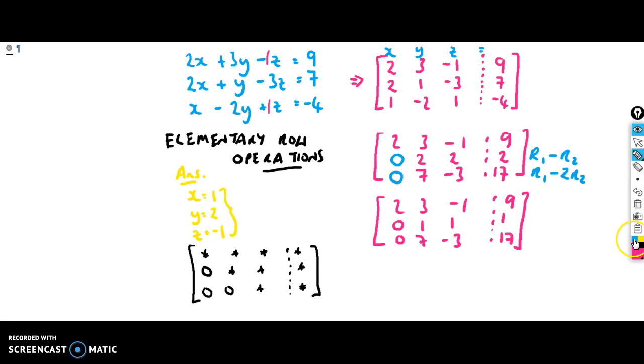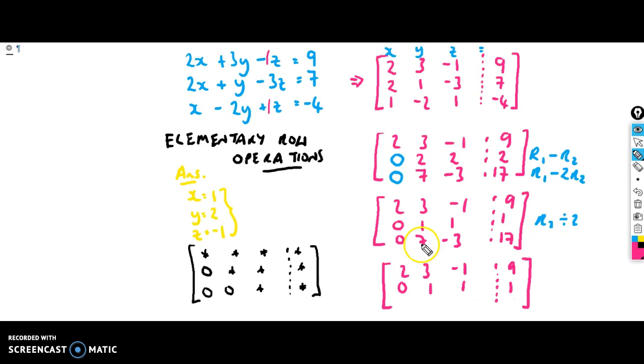I've simply taken row 2 and divided it by 2, or times it by a half. Alright, so this time we're going to write it out again, exactly the same. First row now is okay. There's our 0 that we want, so that's okay for the second one.